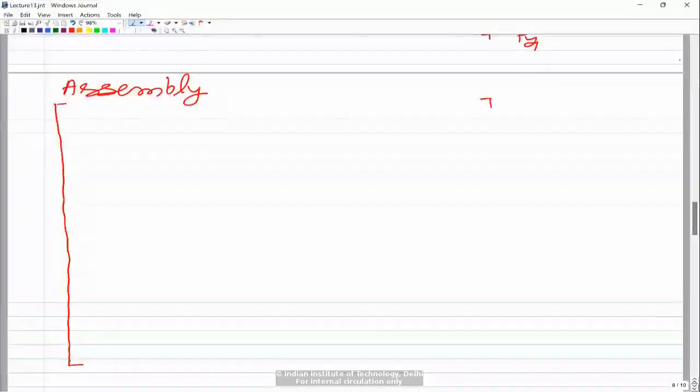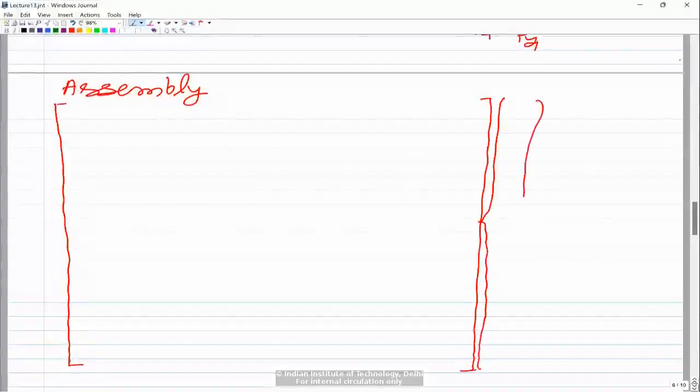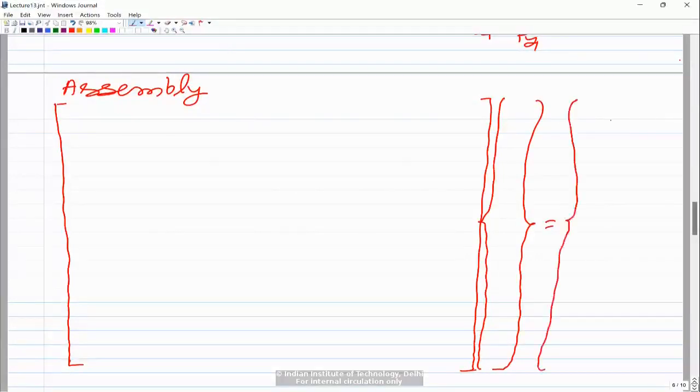It is going to be of size 9 by 9, as I said, and then you have the degrees of freedom, and then you have the external load vector, and then you have the internal load vector.